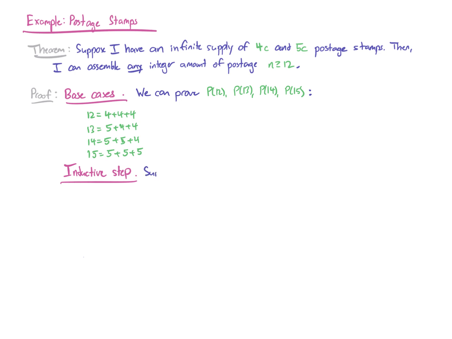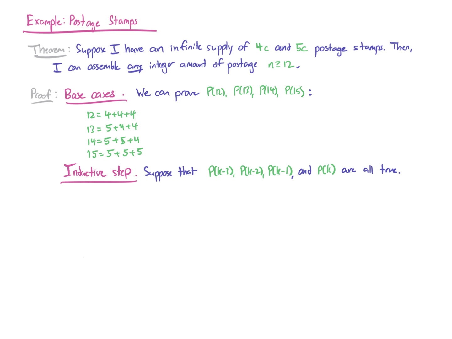We're going to suppose that p of k minus 3, p of k minus 2, p of k minus 1, and p of k are all true. Now, this is a slightly unusual case of bounded strong induction. I'm really going to be focusing on p of k minus 3. I'm not even going to need the other ones so much.